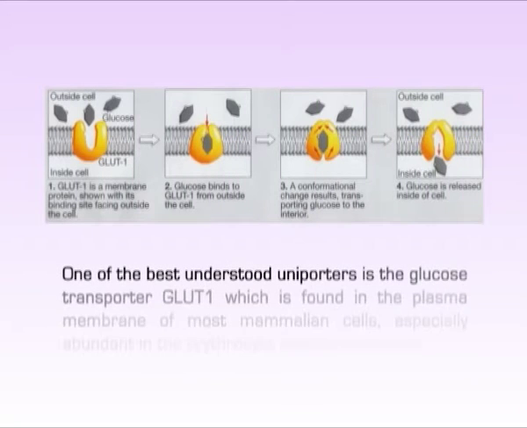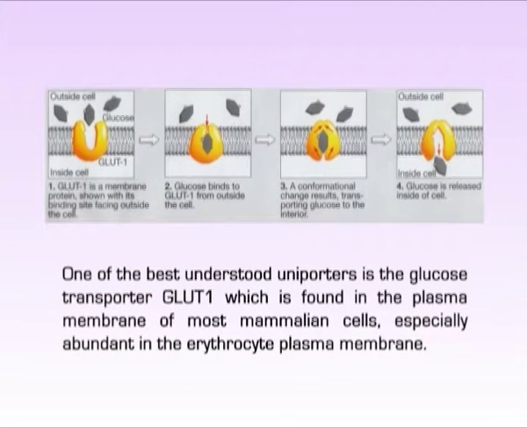One of the best understood uniporters is the glucose transporter GLUT1, which is found in the plasma membrane of most mammalian cells, especially abundant in the erythrocyte plasma membrane.